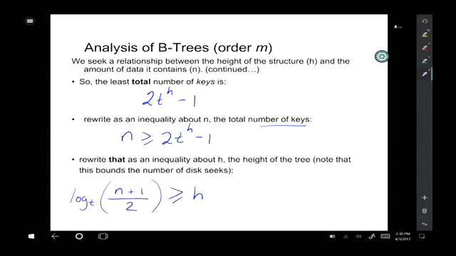The way I'm going to write this is h is big O of log of n, and that would not be a lie, but I want to indicate in the argument that even though m is a constant, the base of our log depends on it. It's not just any old log. It's a log that we can analyze more carefully because we know of this branching factor.